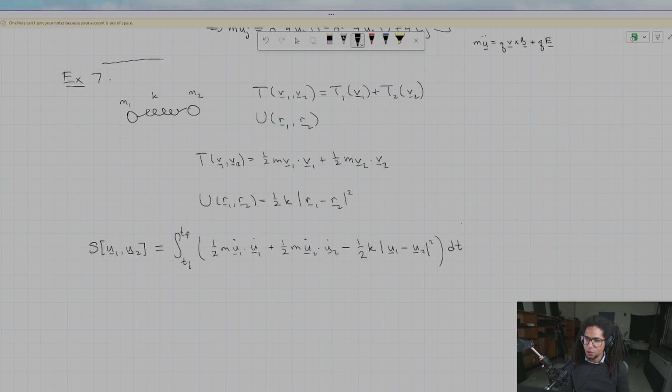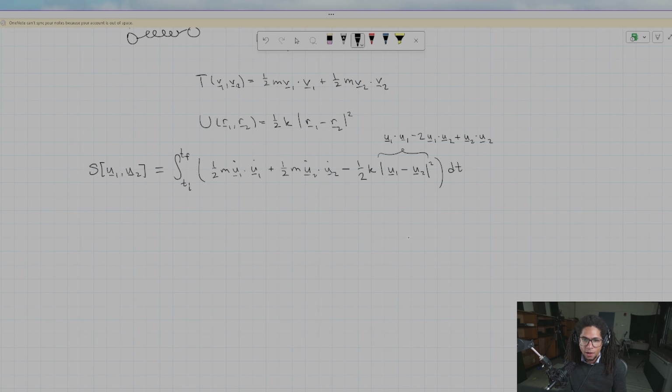Okay, I'm also going to write this in a slightly different way because it's going to make what I do later easier. This is going to be u1 dot u1 minus 2 u1 dot u2 plus u2 dot u2. Excellent.